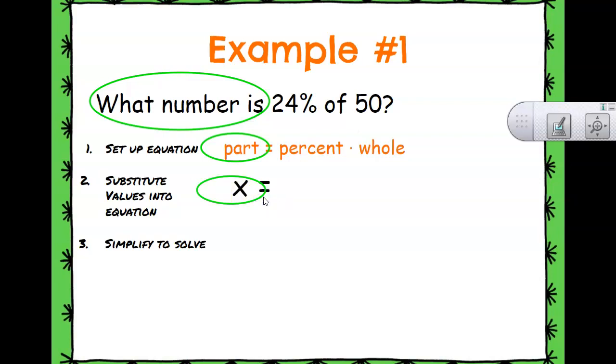Equals. The next thing that I need to find is the percent. Percents are always easy to find because there is the wonderful percent sign. So here I can see that it is 24%. But please note, I am not going to fill in 24.